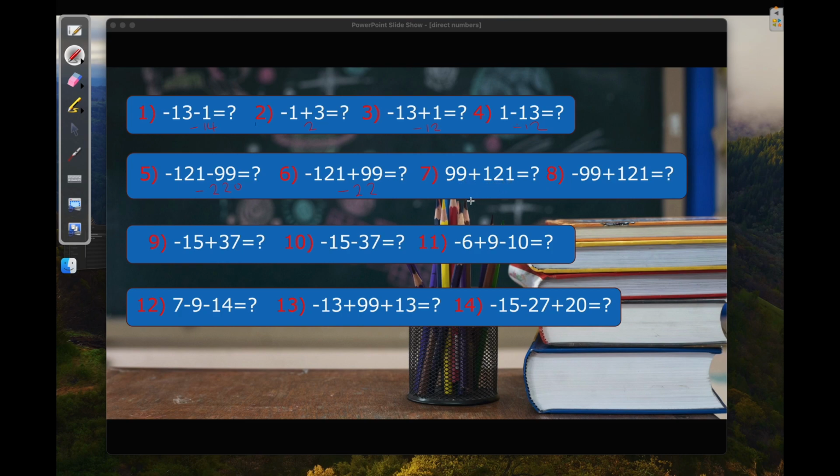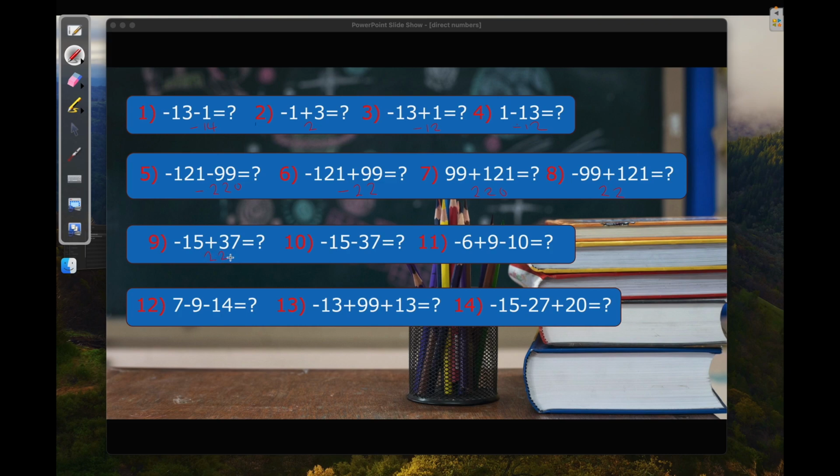And then we have 99 plus 121. This one here we will have 220. And then we have minus 99 plus 121. On this one we will have 22. Then we come here, minus 15 plus 37.